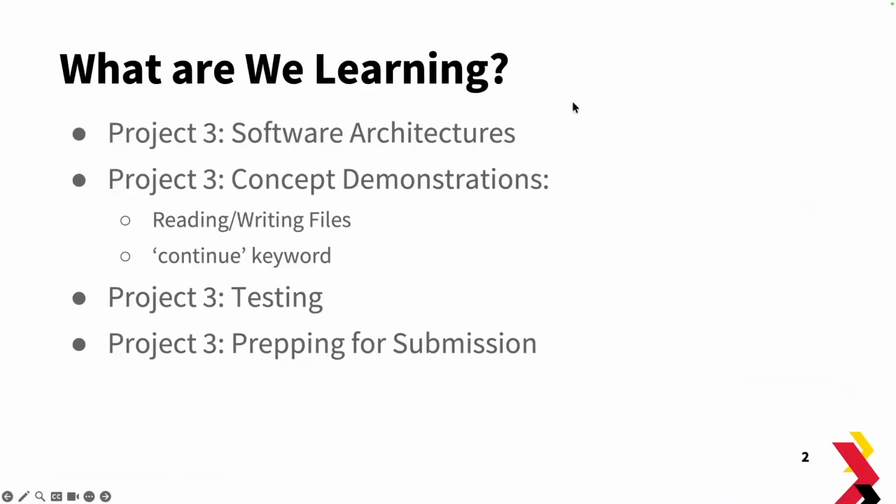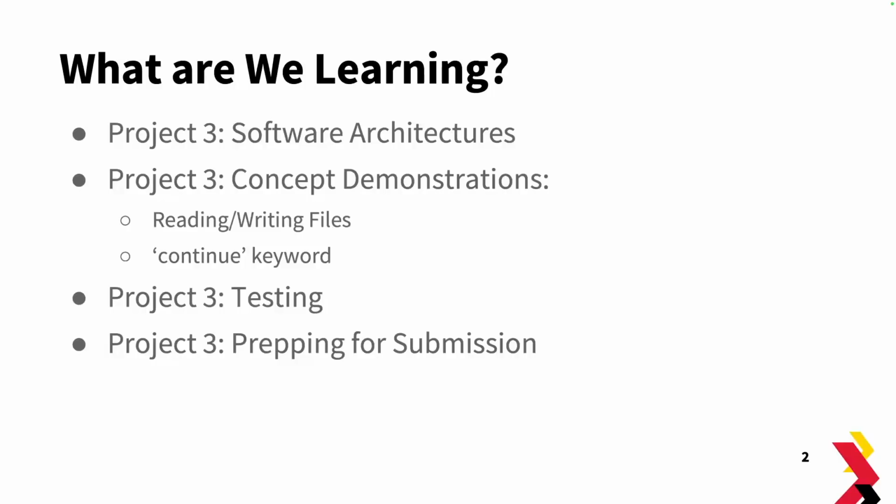What are we going to focus on? I want to first cover software architecture for Project 3. I want to think through two examples of Project 3 high-level code. We're then going to go into concept demonstrations.